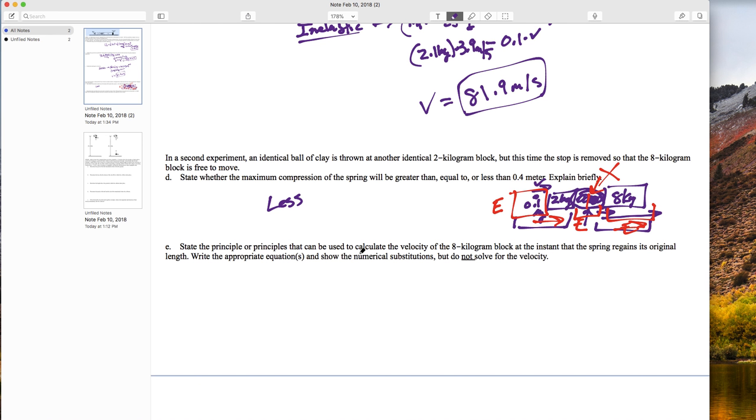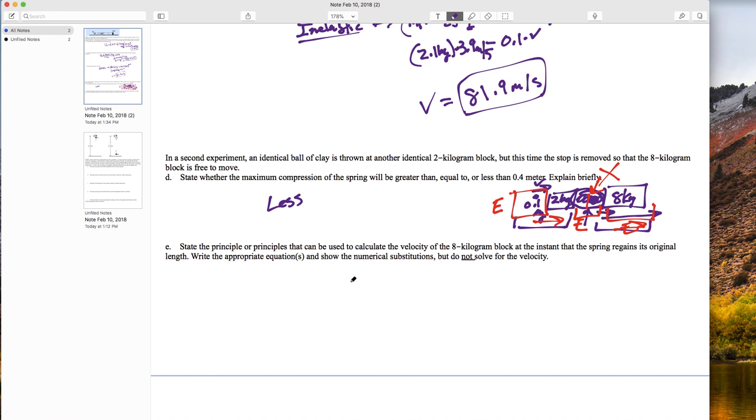So let's state the principles that can be used to calculate the velocity of the 8 kilogram block at the instant that the spring regains its original length. So write the appropriate equation and show numerical substitutions, but don't actually plug anything in.